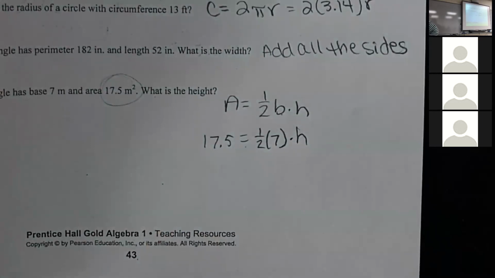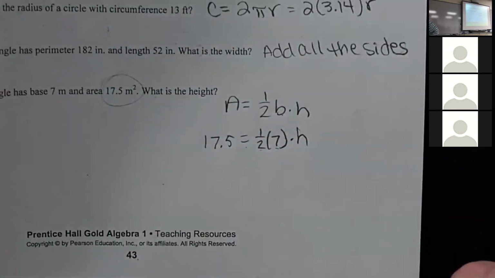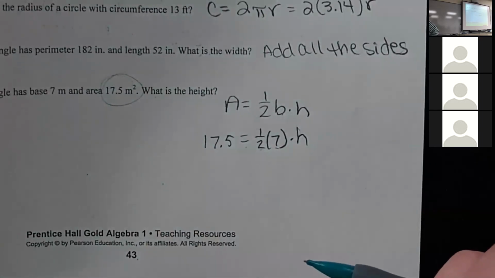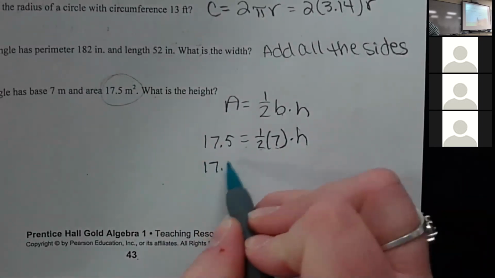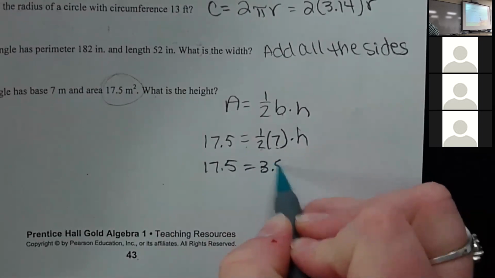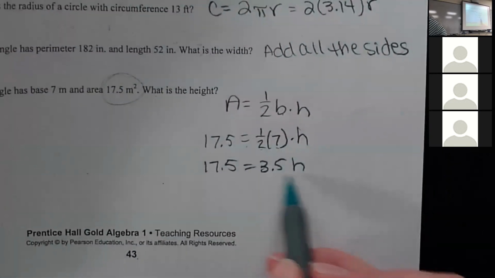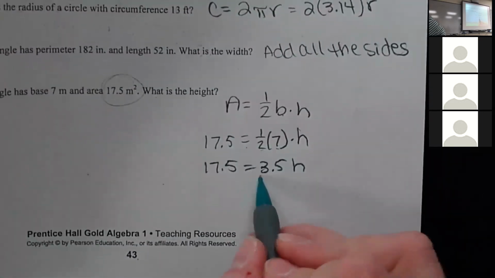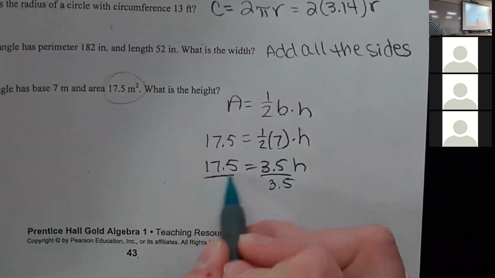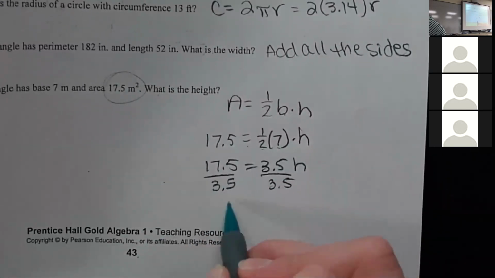Now you're going to keep solving for H. You want to get H by itself. Well, what's 1/2 of 7? 3.5, yeah. So I have 17.5 equals 3.5 H. How do I get H by itself? How do I get this 3.5 away from it? Dividing. Divide by 3.5. So take 17.5 and divide by 3.5 in your calculators.